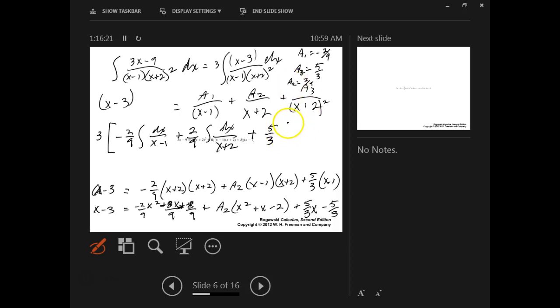That's the A3. The integral of dx over x plus 2 squared.